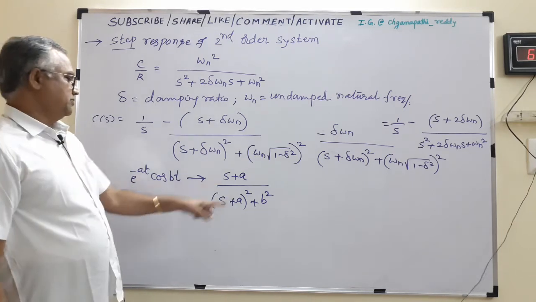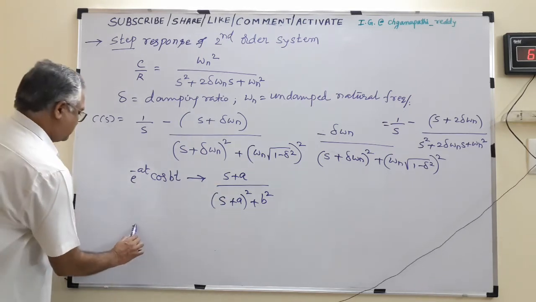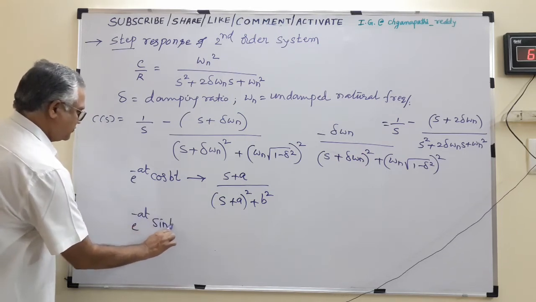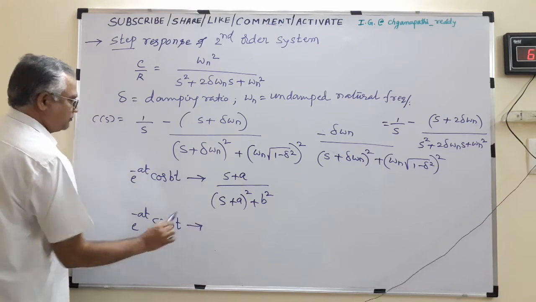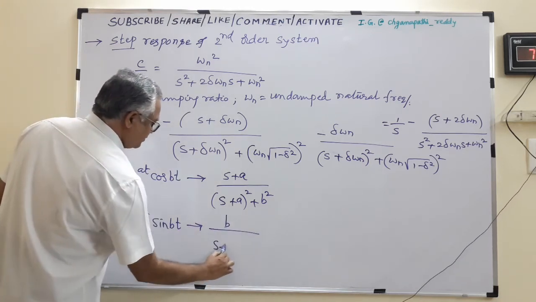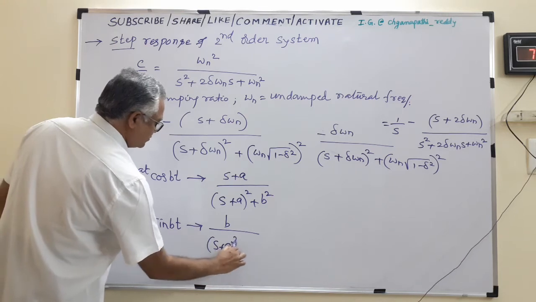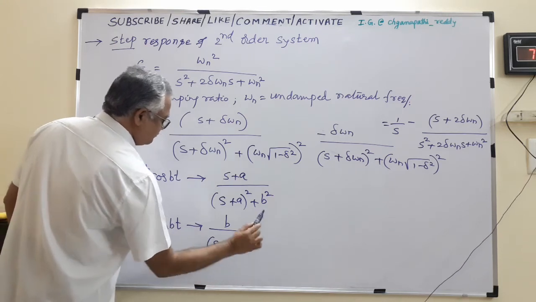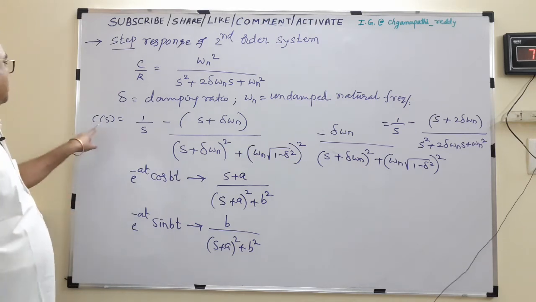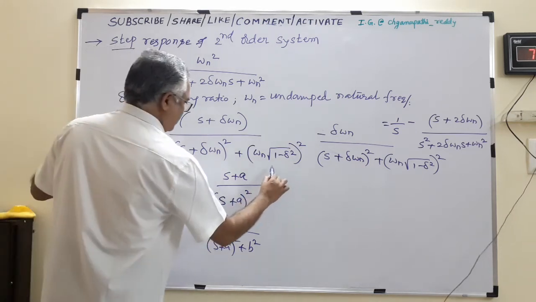Laplace of this is this. What is Laplace of sin bt? Here b by s plus a whole square plus b square. So using these formulas, you have to find c of t.